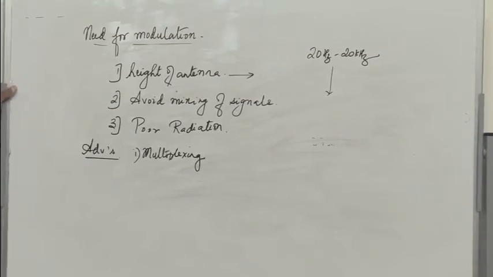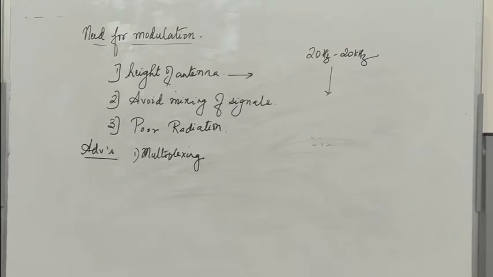The second one is adjustment of bandwidth. The bandwidth of modulated signals can be made small or big compared to the original signal. The signal to noise ratio, which is a function of the signal bandwidth, can be improved by proper control of bandwidth at the modulating stage, right?